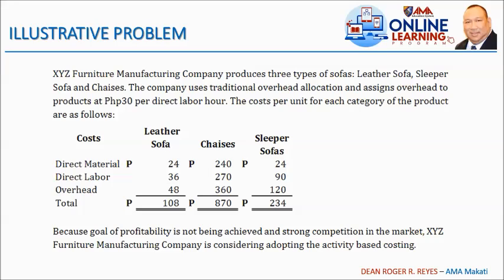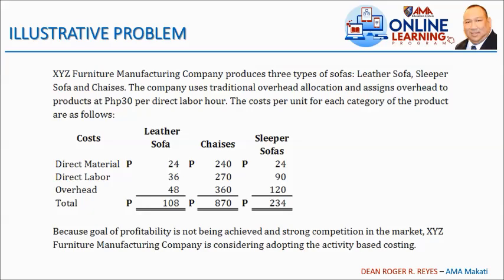Medyo ito yung medyo mataas na klase. Sleeper sofas, 24 direct material, direct labor 90, and overhead 120. So, as subtotals, 108 for a leather sofa, 870 cost for cheeses, and 234 for sleeper sofas. So now we understand this given.